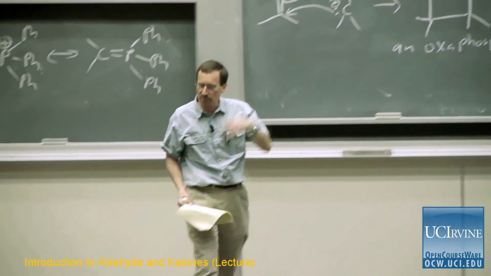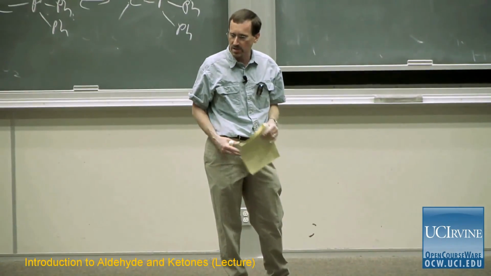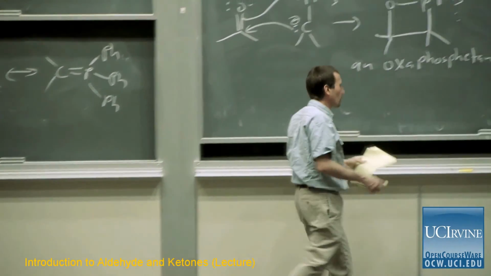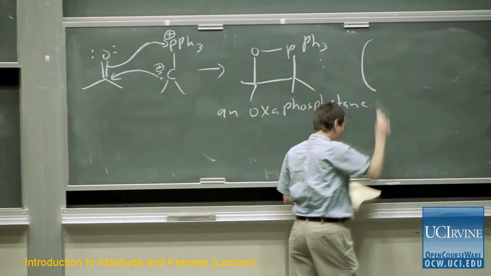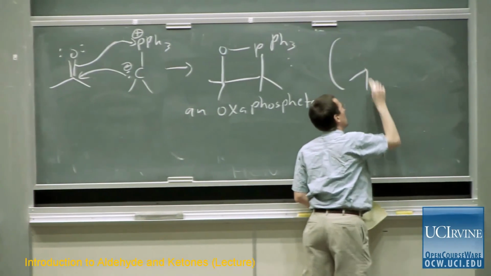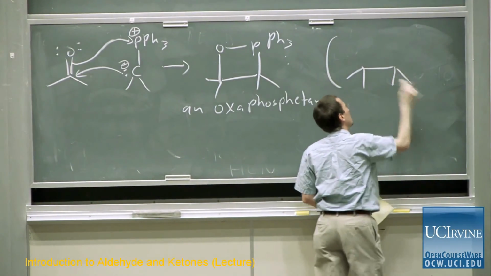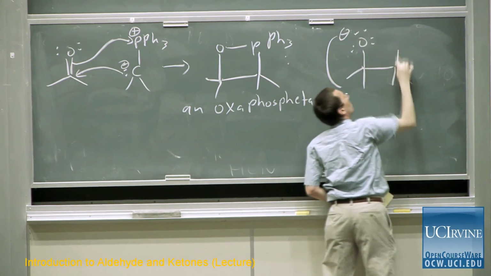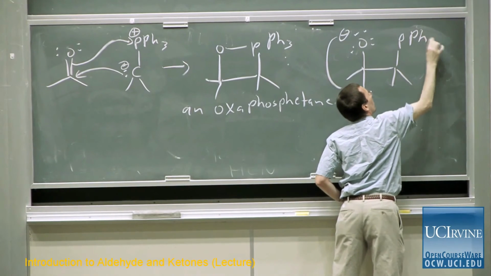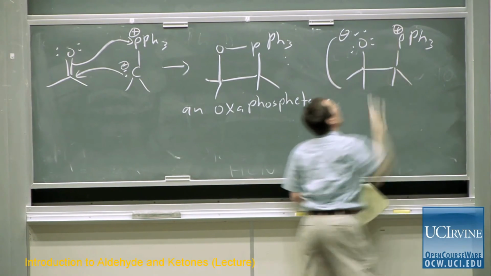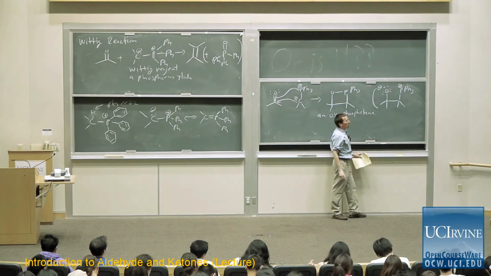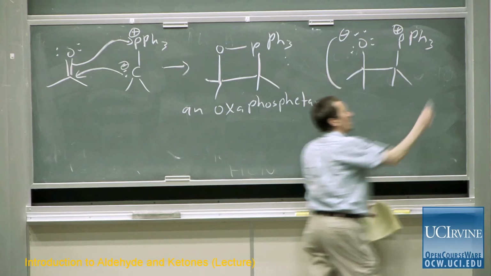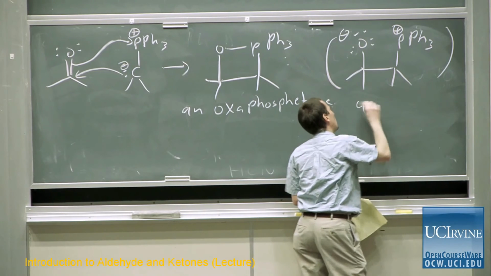And consensus from experiment and calculation seems to be coming down toward the concerted mechanism. But in some textbooks and in some places, you will see an intermediate written out, where we still have charges separated. In other words, where one bond has formed before the other. This intermediate is called a betaine.